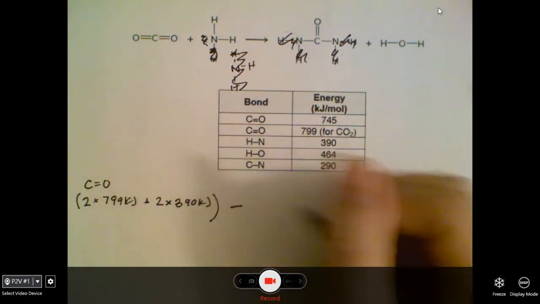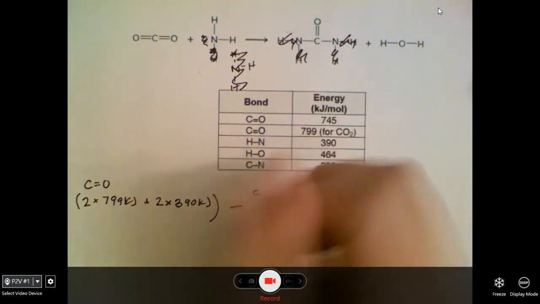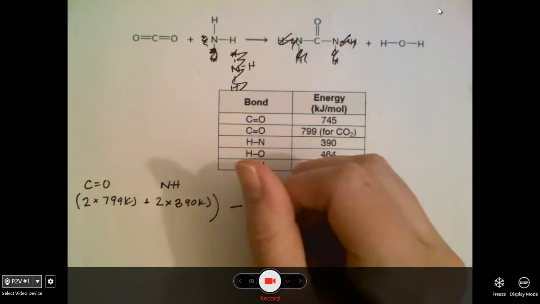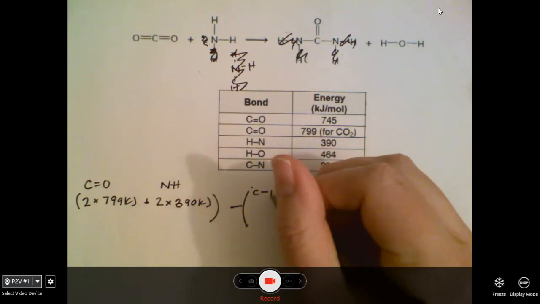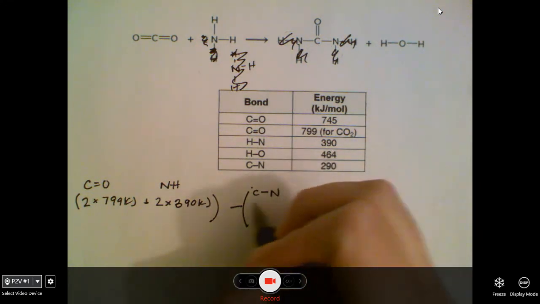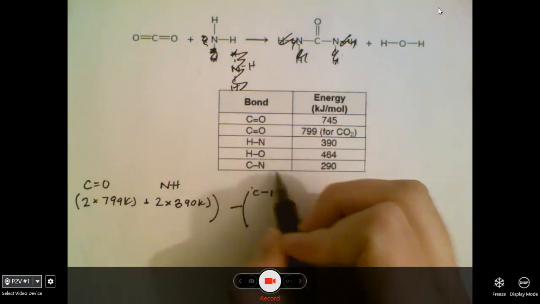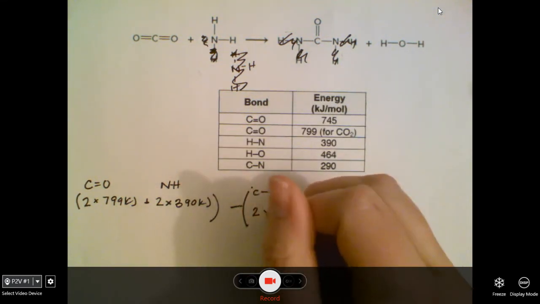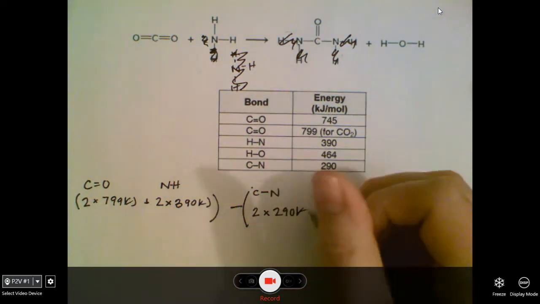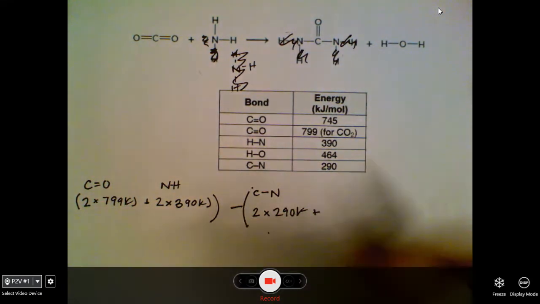And then we're going to subtract the products, which have 2 C to N's. And you can even see here, it's easy to lose track of what you're up to, and I kind of forget stuff. So I think it's really important to keep that, because when you go back and look at this later, you're like, where did those numbers even come from? So I've got 2 C to N's, 2 times 290 kilojoules, because I'm breaking 2 bonds of those, okay? Plus, then, I'm not breaking, I'm sorry, I'm making those.